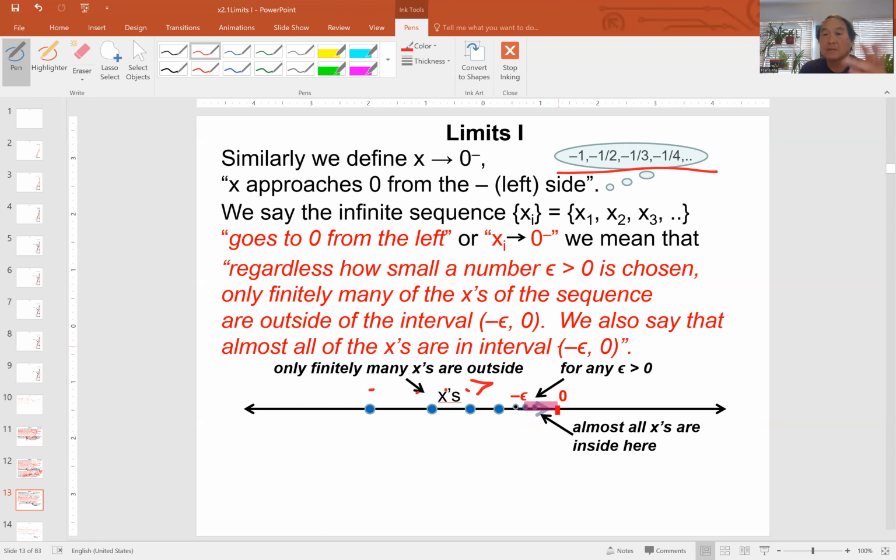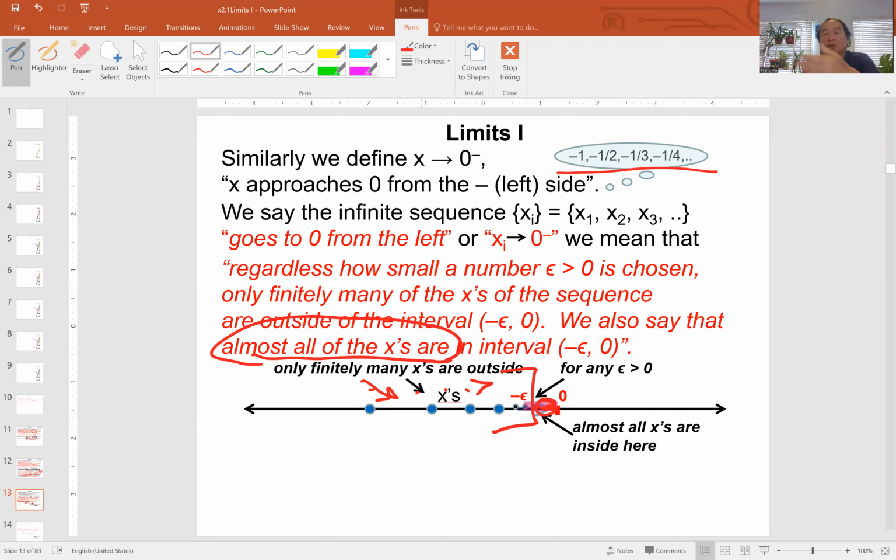Same thing. It doesn't matter how small a neighborhood you take over here, only finitely many of the x's are outside. Another way to say it is "almost all." That's how we mathematicians say it. If almost all, that means only finitely many are exceptions. All the infinitely many, the rest, must follow whatever the description is.